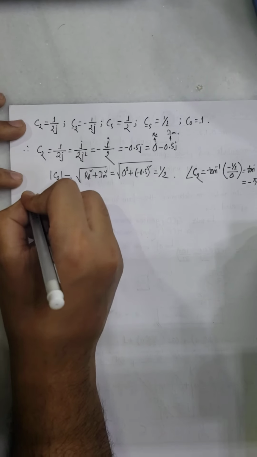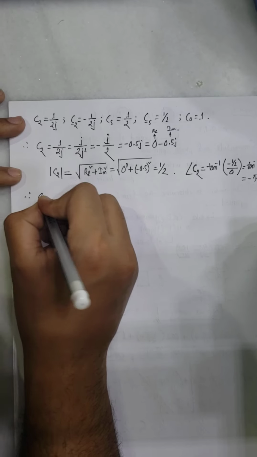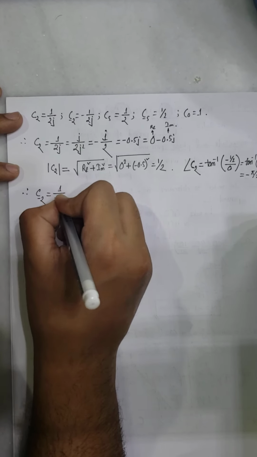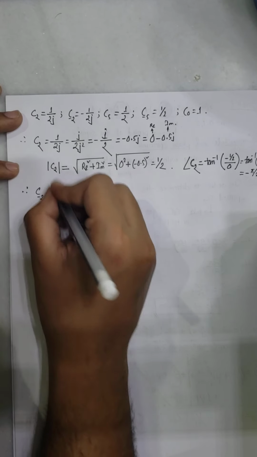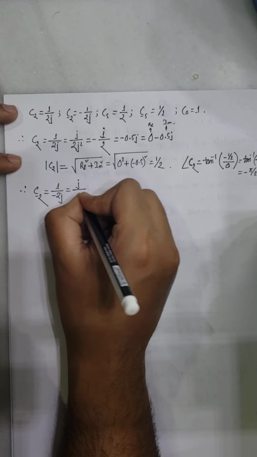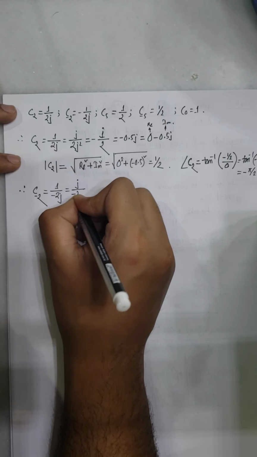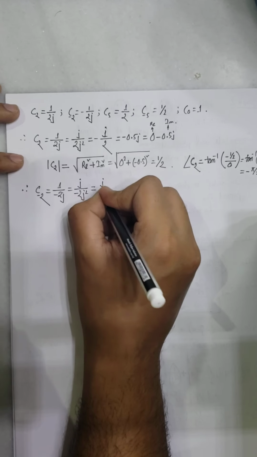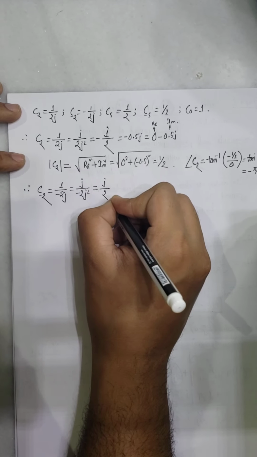Now similarly, for C of minus 2 we get 1 over minus twice j, and multiplying the numerator and denominator by j, we get this to be equal to minus 2j squared, and this in turn becomes j over 2.